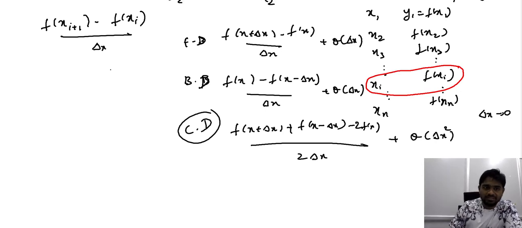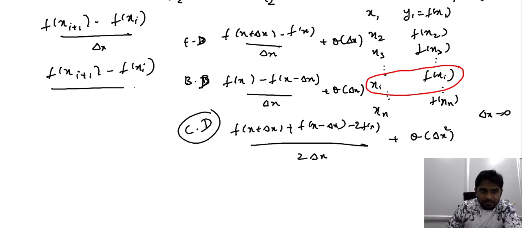So in those cases, the way of estimating the derivative of a data set using forward difference is this: all we need to do is consider the difference between the inputs in the denominator.